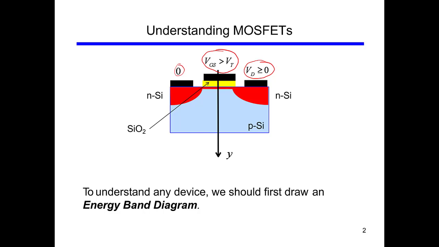Now this gate voltage would generate an electric field that is vertical to the channel, and we can draw an energy band diagram for this y direction.